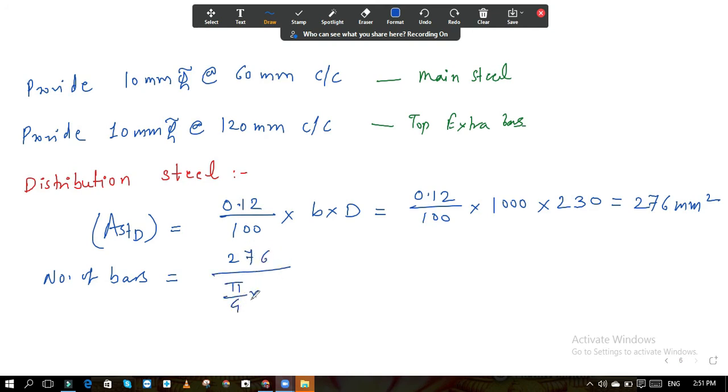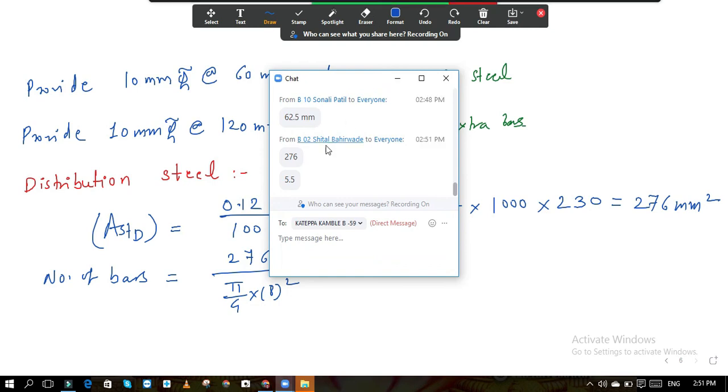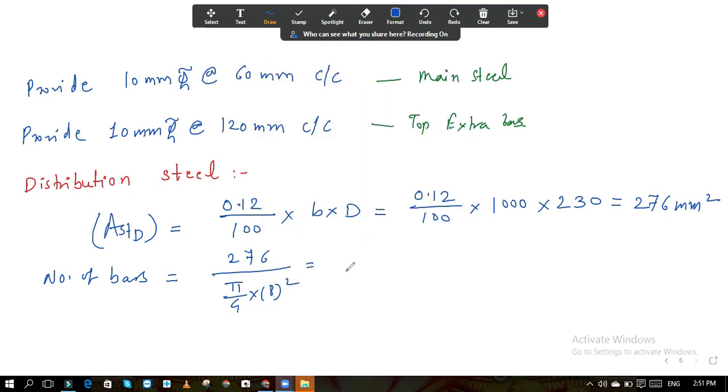Assume 8 mm diameter bar, and then write this step. 5.5, which is equal to 6 numbers.